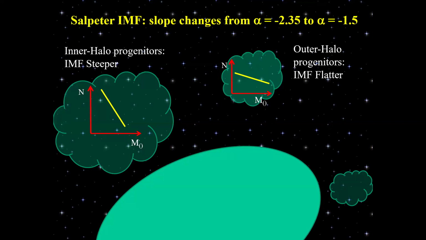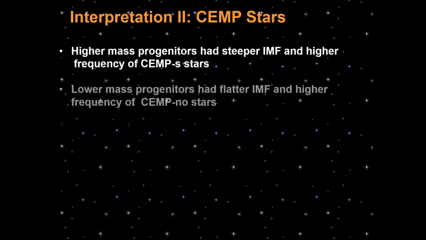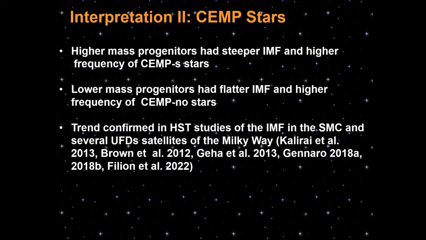We did this calculation in the past paper, and we went with the Salpeter IMF; the slope changes from this value to this value. But something that I also wanted to say is that recent studies using HST data of ultra-faint spheroidals around the Milky Way have found some confirmation of a trend that the IMF may be shallower in these ultra-faint spheroidals.